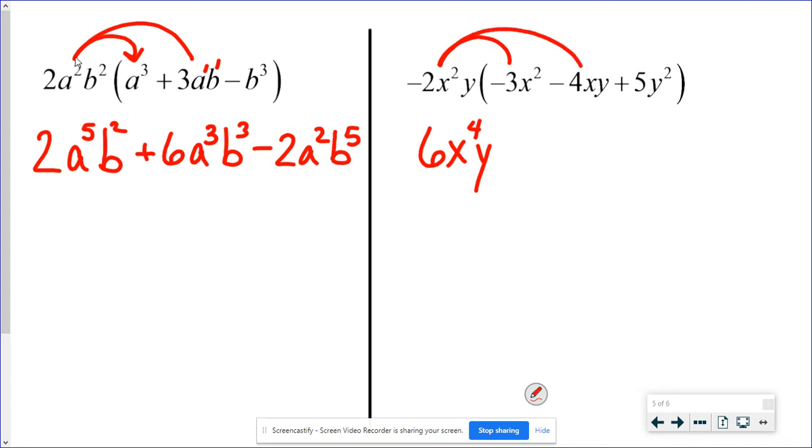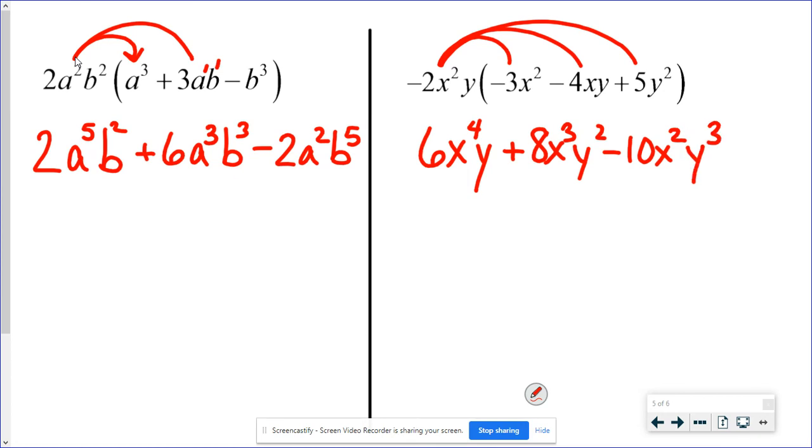Negative 2 times a negative 4 is positive 8. x squared times x is x cubed. y times y is y squared. Then the negative 2 times the 5 would be a negative 10. x squared, y to the 3rd, because we had a y squared inside the parentheses and a regular y on the outside.